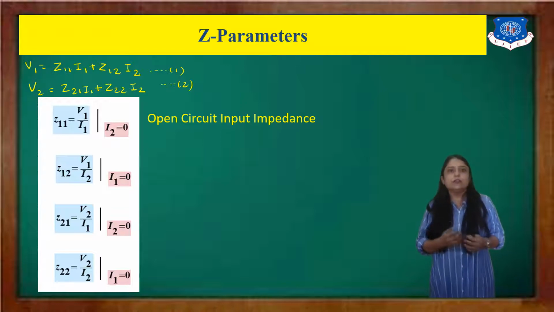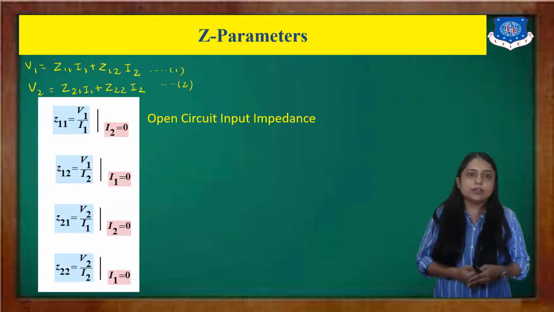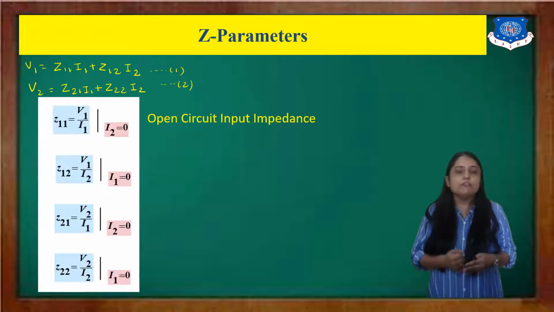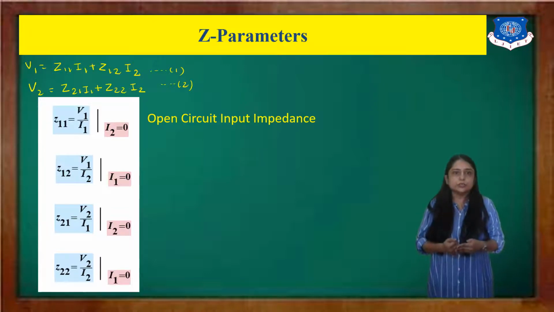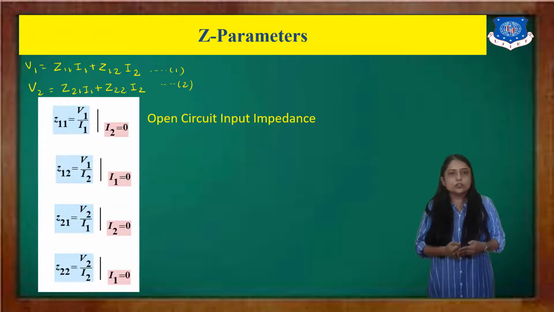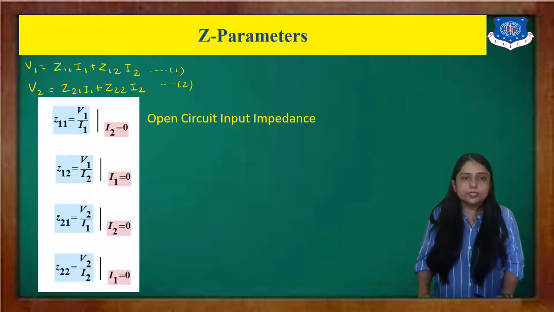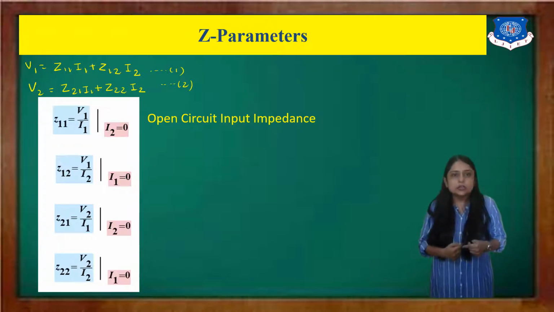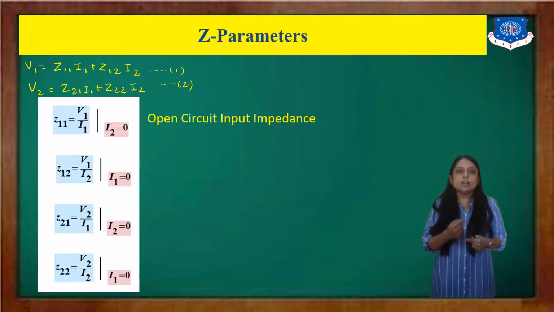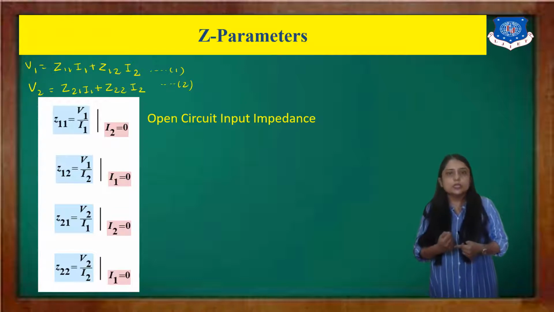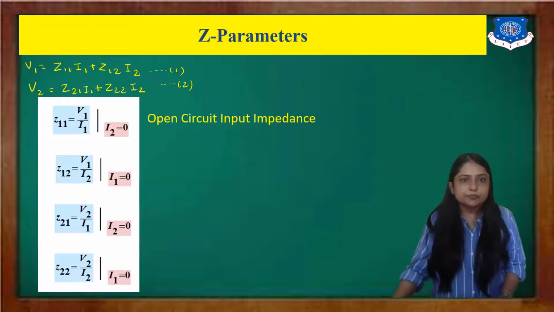Because we get the value of Z11 equal to V1 by I1 whenever I2 equals 0, and current is 0 in an open circuit. The name is open circuit because I2 equals 0, and V by I is the impedance, and here 1 and 1 specify the input side. So this is known as the open circuit input impedance.